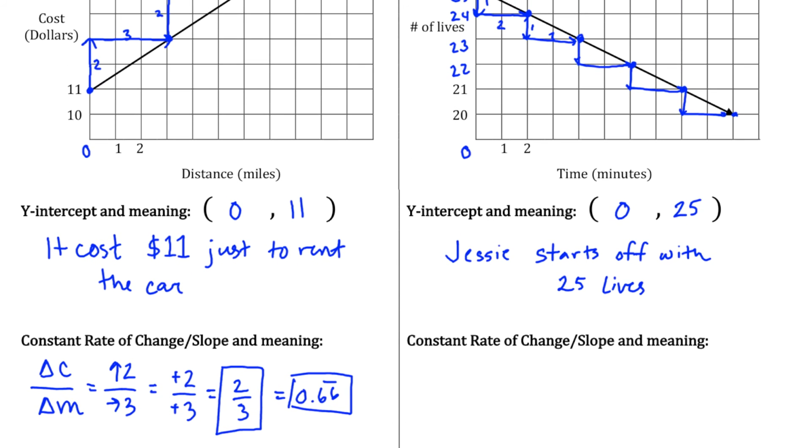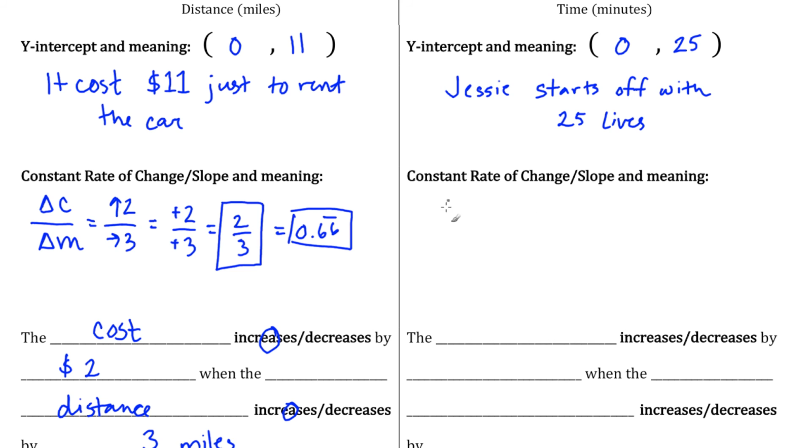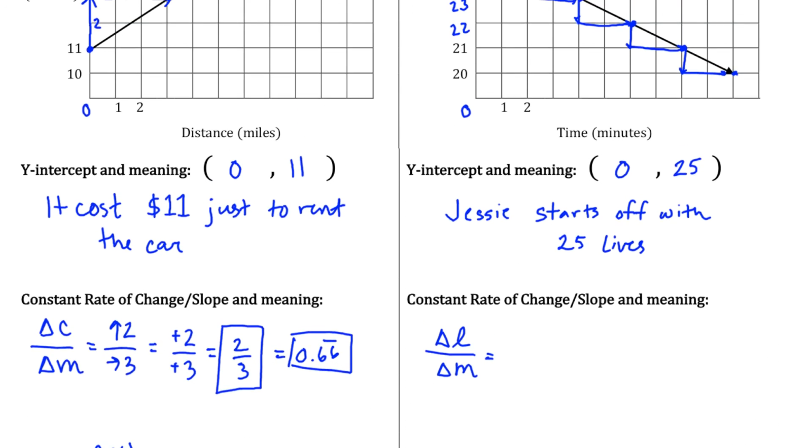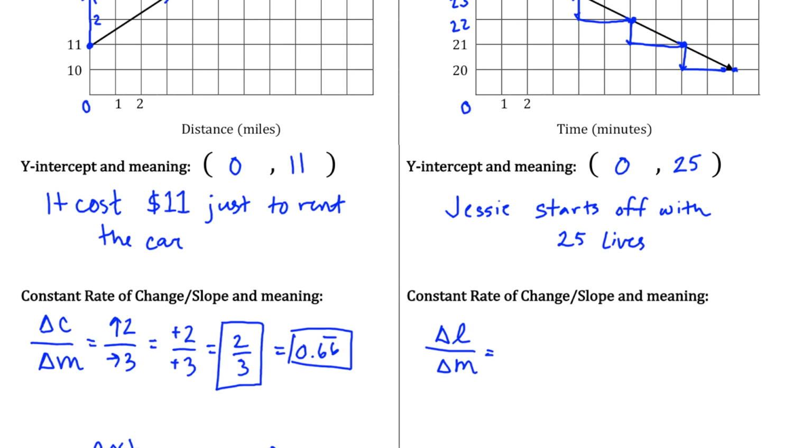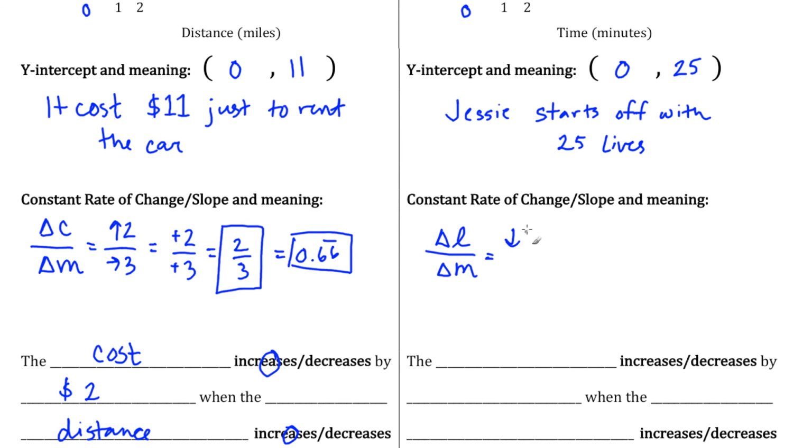So we have a change in lives and a change in minutes. So we go down 1, right 2. This means that we have a -1 over a +2. Negative over positive is negative, so -1/2. We can't reduce it, so we just leave it.